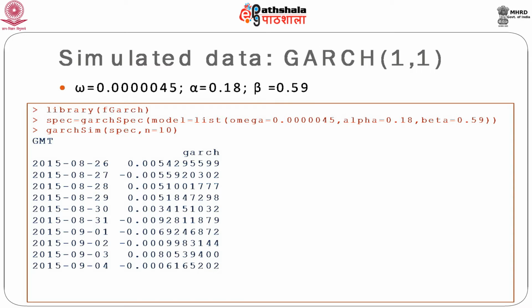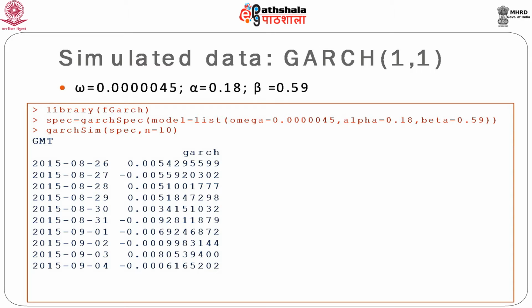There is a spec object that can be stored under any name. I here write it as spec. A spec is an object that stores the model specification, that means all the parameters of the model that are required to simulate the data.